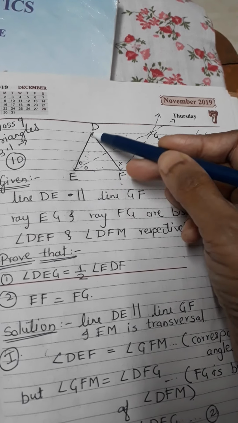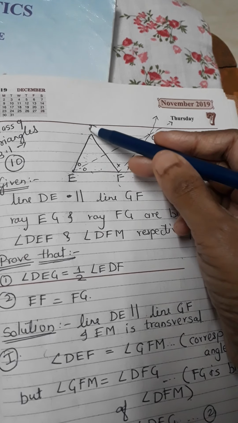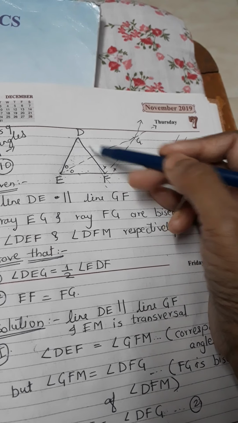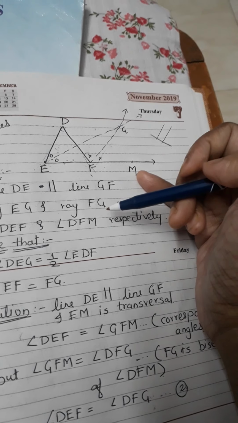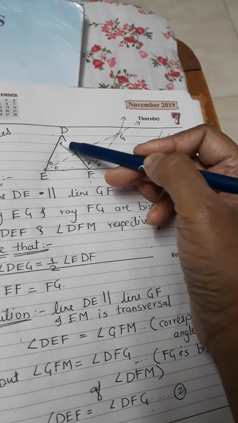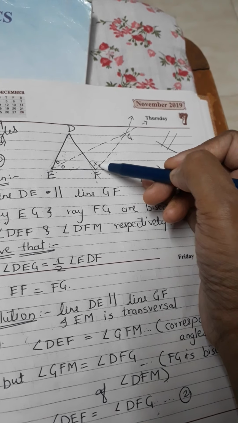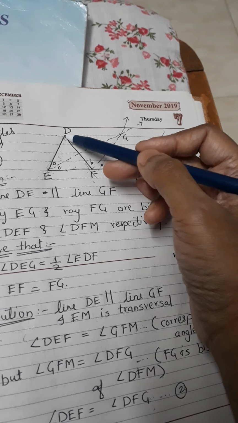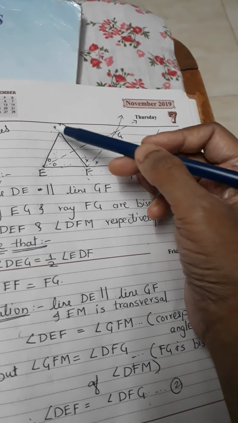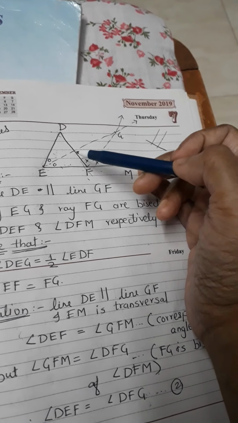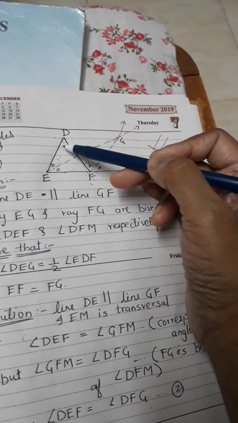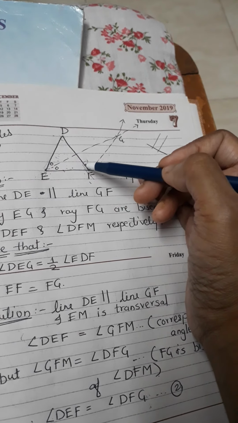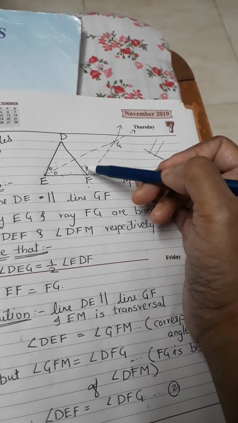Why? See, again these are the two parallel lines, and now we are considering DF as a transversal. Now here you can see this angle and this angle as alternate angles. So these two are the same. So that's what I have written, EDF will be equal to DFG. Now we have just proved that this completely is the same as this.